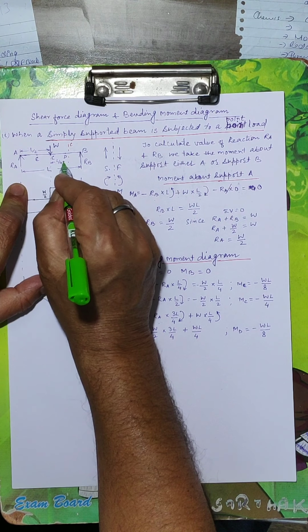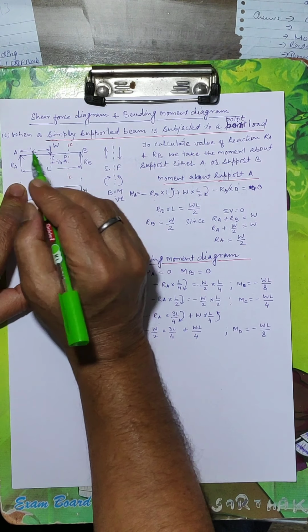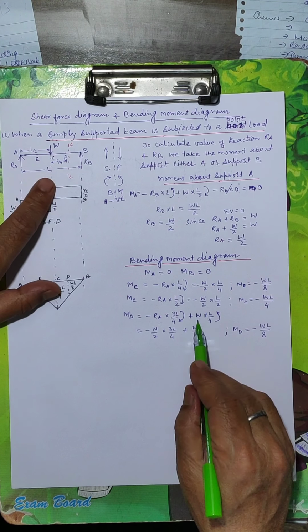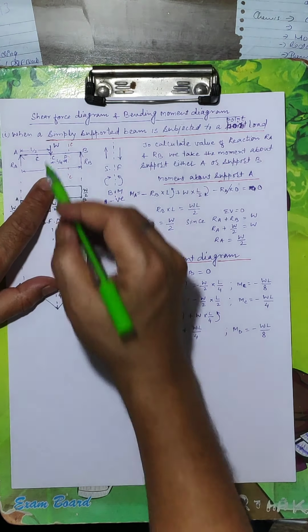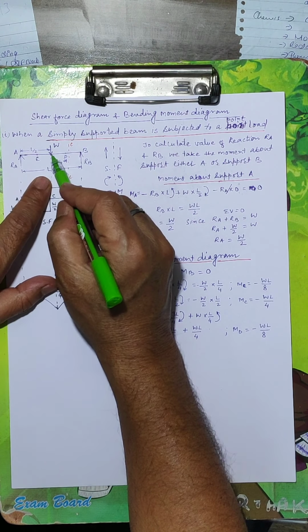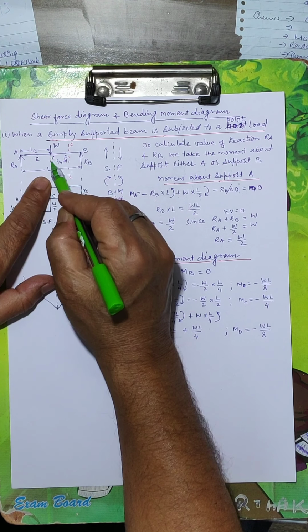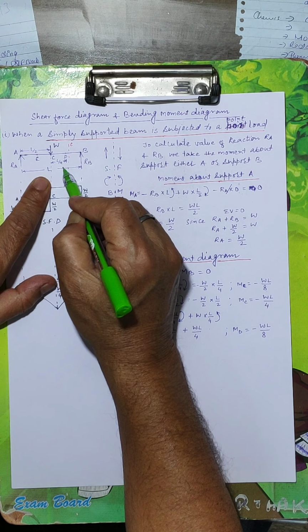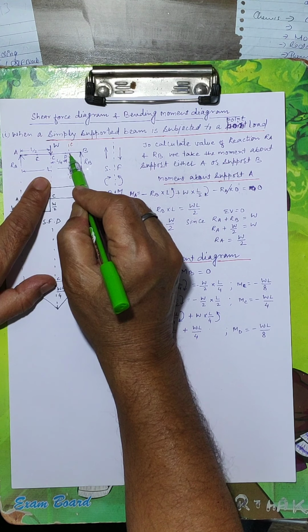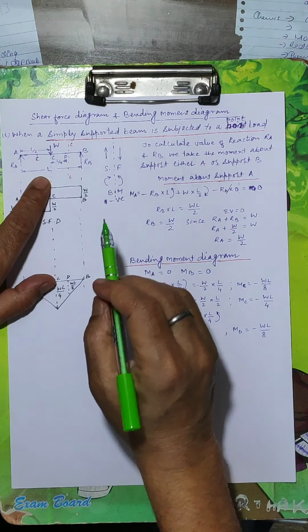W into L by 4, and this has the direction anti-clockwise. W is downward, so it will create an anti-clockwise moment.